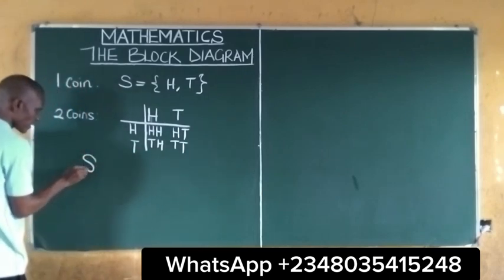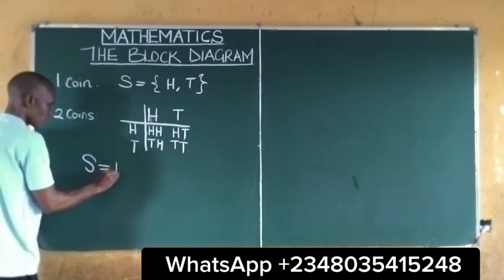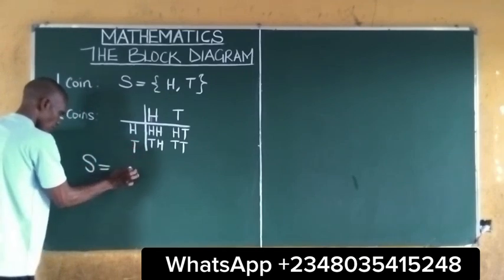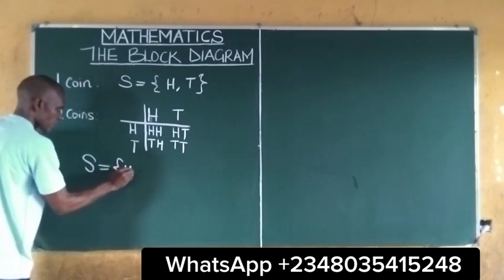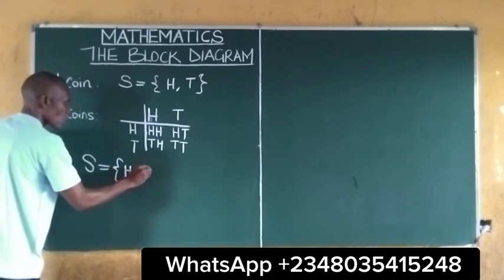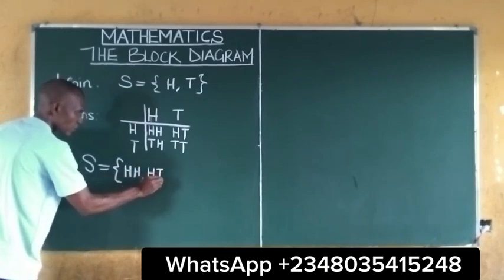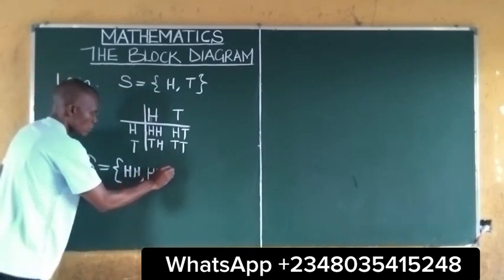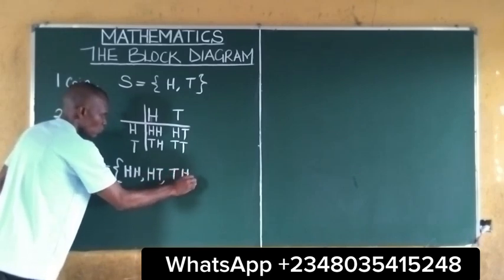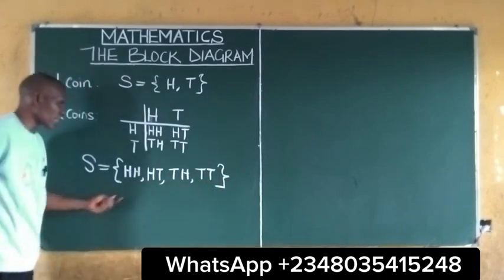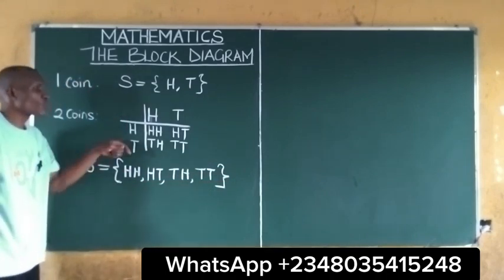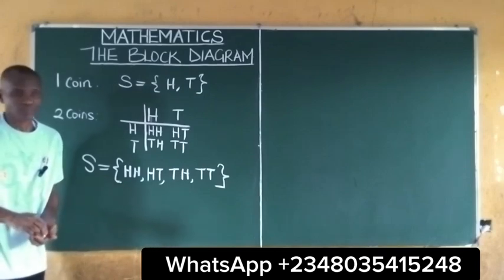So our sample space will now be head head will show up, or head tail will show up, or tail head will show up, or tail tail will show up. So these are the possible outcomes if two coins are thrown.